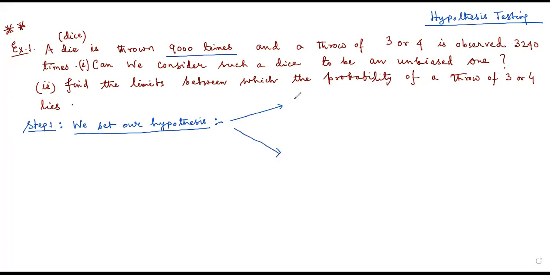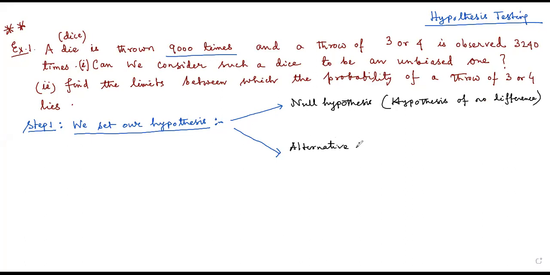One hypothesis is called null hypothesis, which is called hypothesis of no difference, and another is called alternative hypothesis, which is complementary to the null hypothesis.